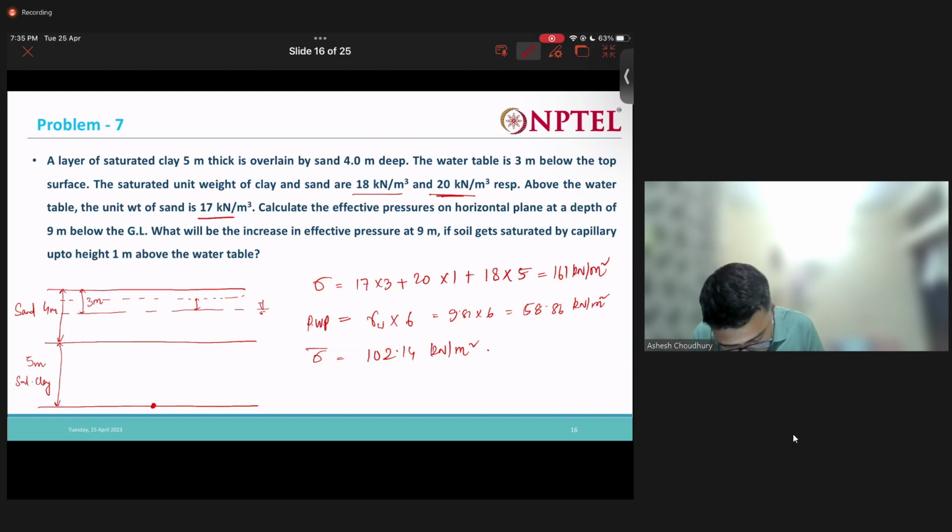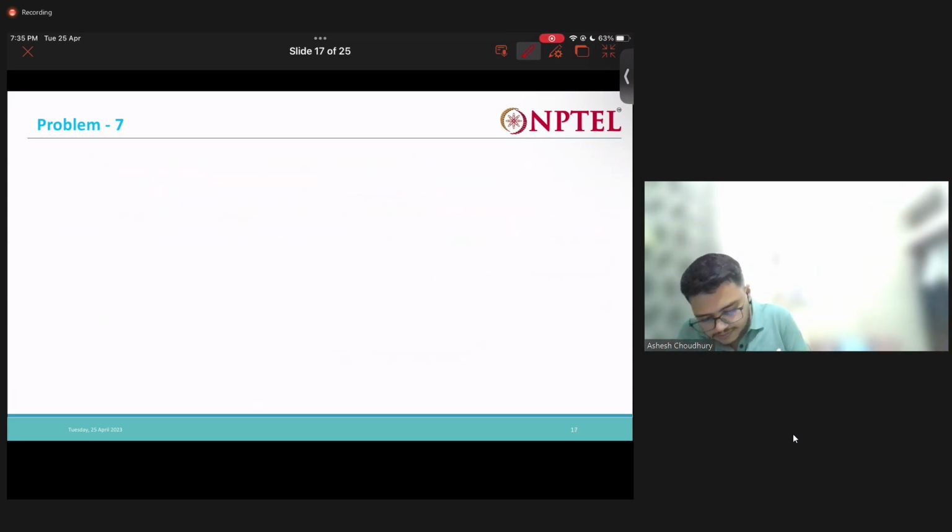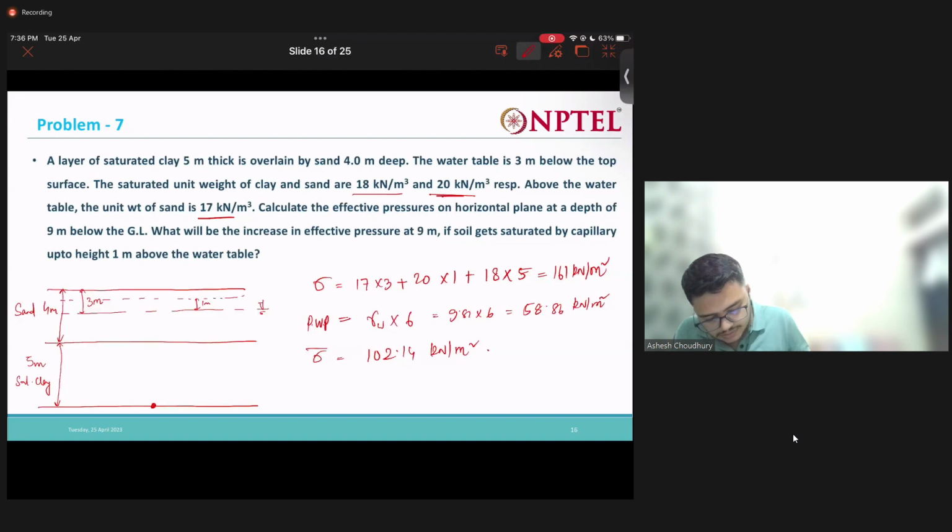Due to the capillary rise, this part is also saturated now, right? So let us calculate the total stress. Now this part is also saturated. Let us start from the top.